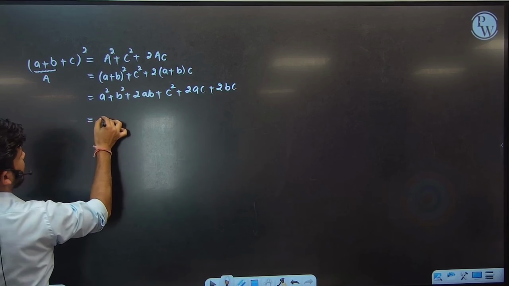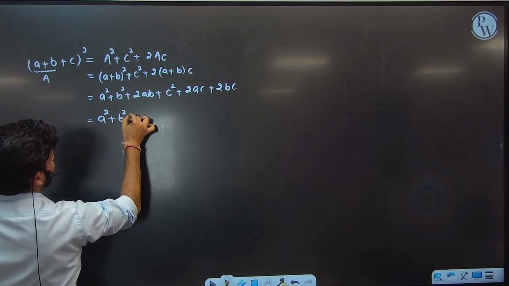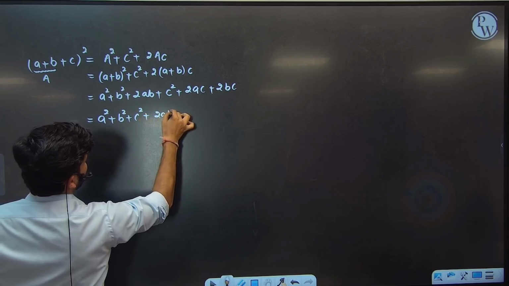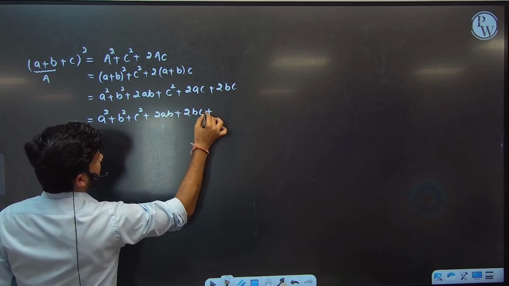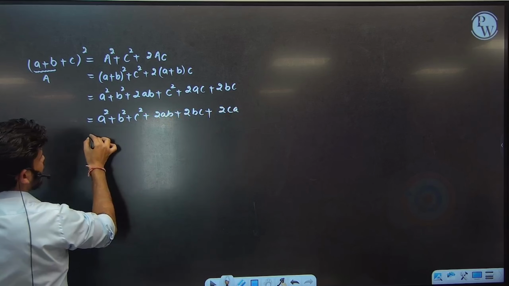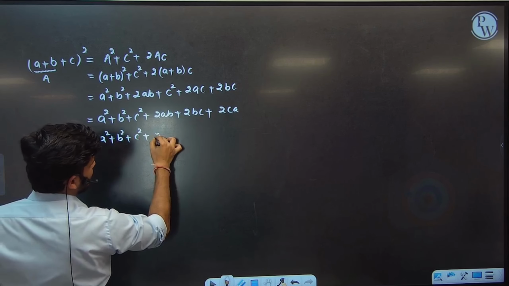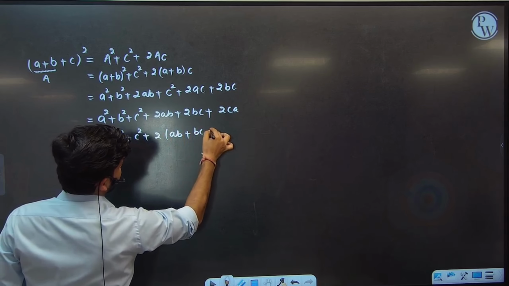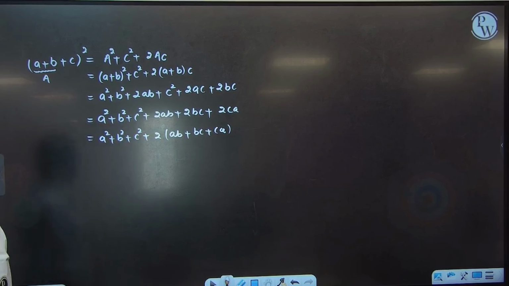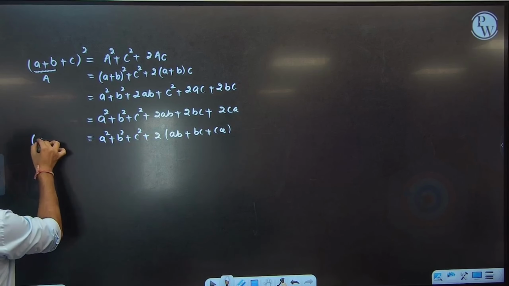So the final result will be a square plus b square plus c square plus 2ab plus 2bc plus 2ca. Also a square plus b square plus c square plus 2 common ab plus bc plus ca. So this is the final result.